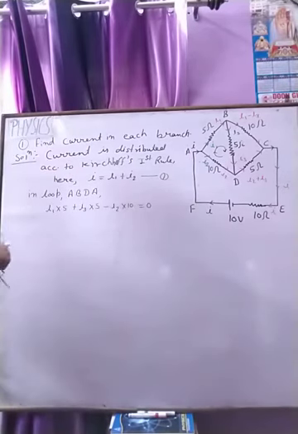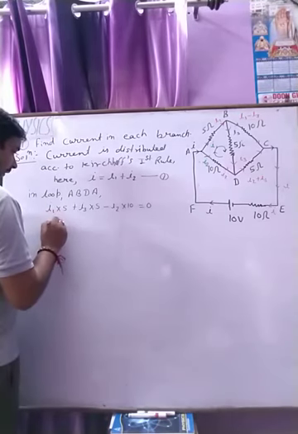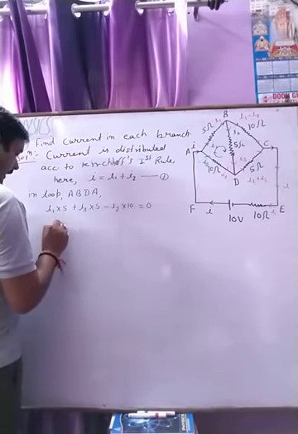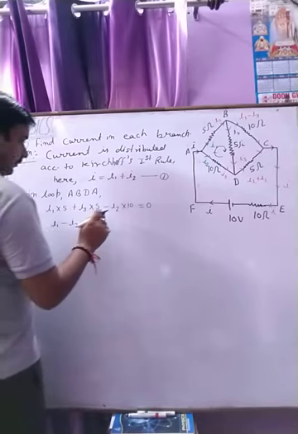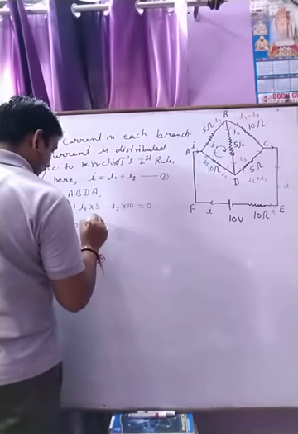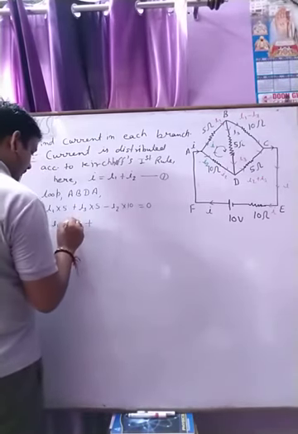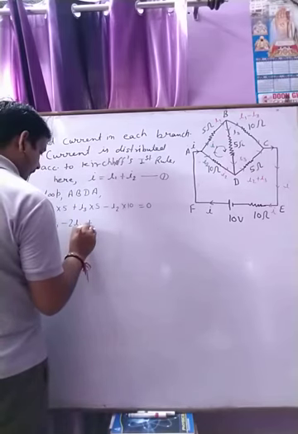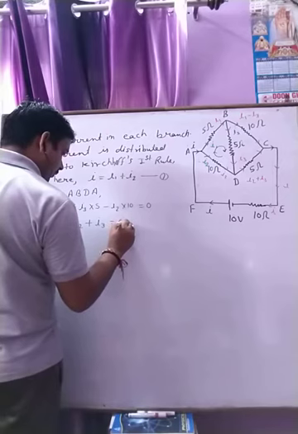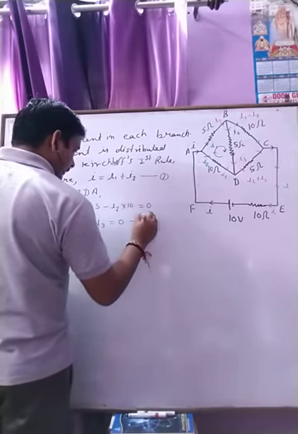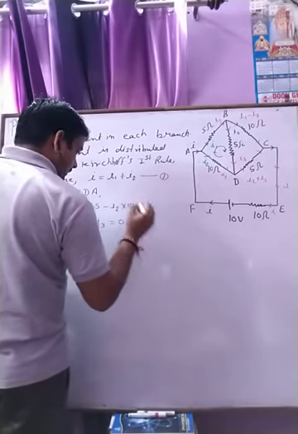Now taking 5 as common, we get I1 minus 2I2 plus I3 equal to 0. This is equation second.